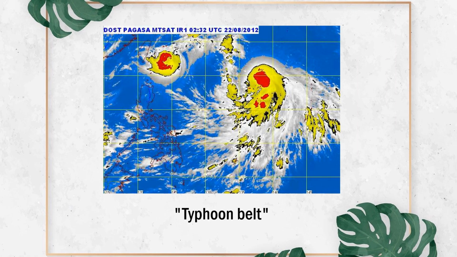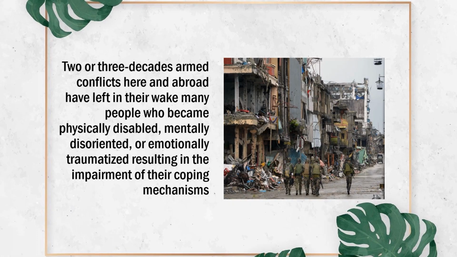The Philippines is often struck by natural disasters as it is situated in the so-called typhoon belt, hence relief operations by the government are of irregular occurrence. In the last 2 or 3 decades, armed conflicts here and abroad have left in their wake many people who became physically disabled, mentally disoriented, or emotionally traumatized, resulting in the impairment of their coping mechanisms. Their number has swelled social work's target population.